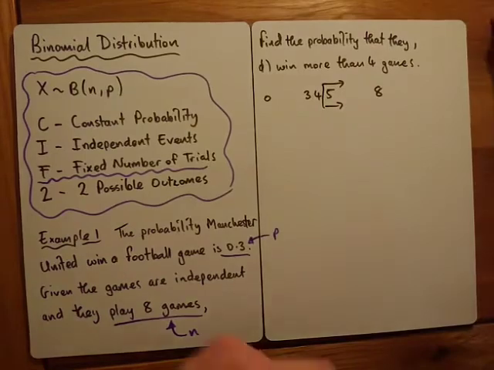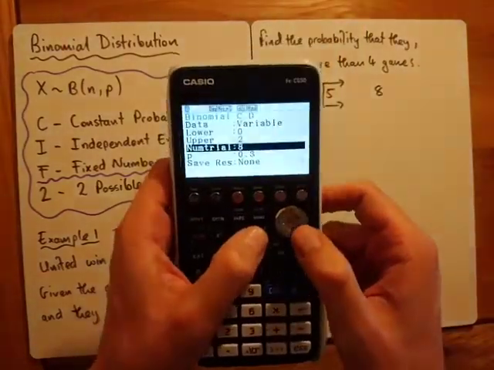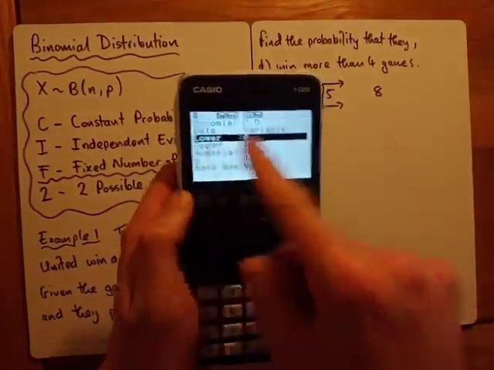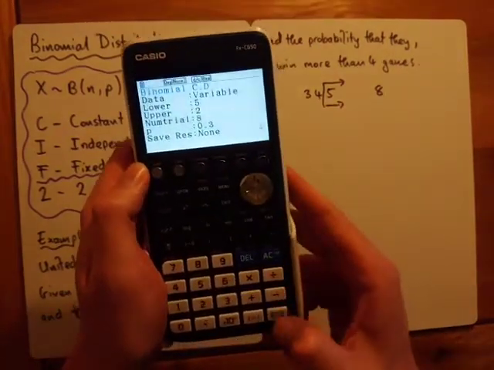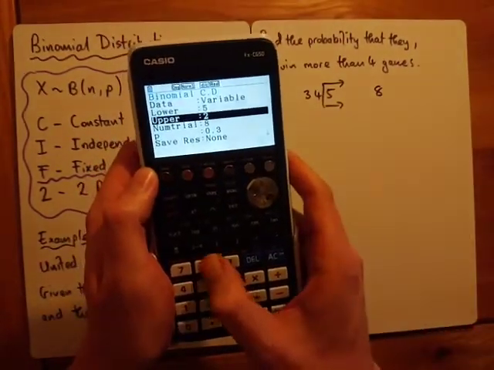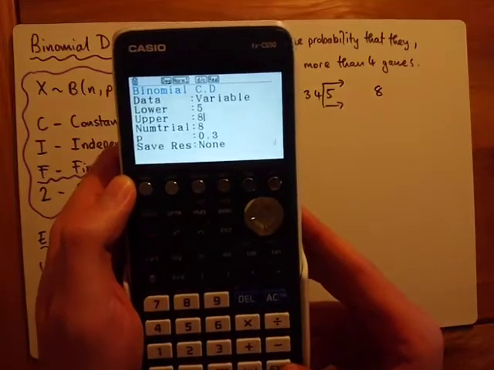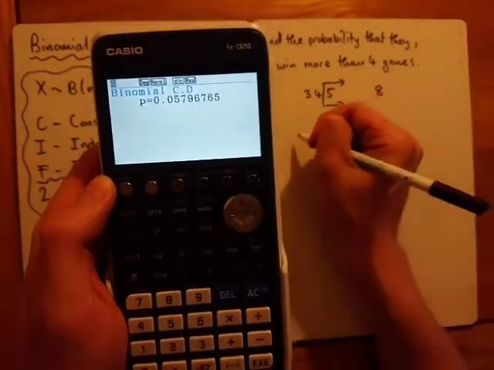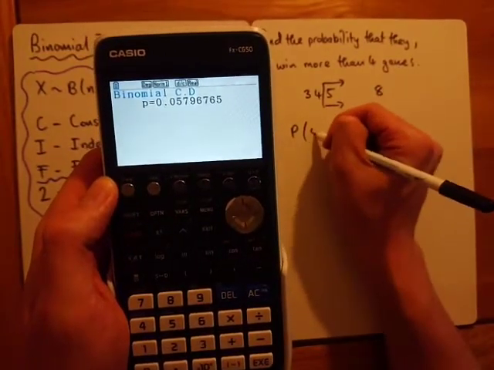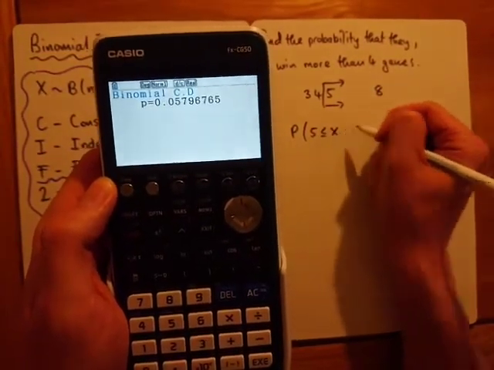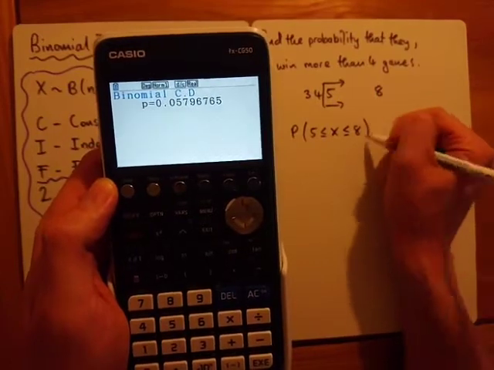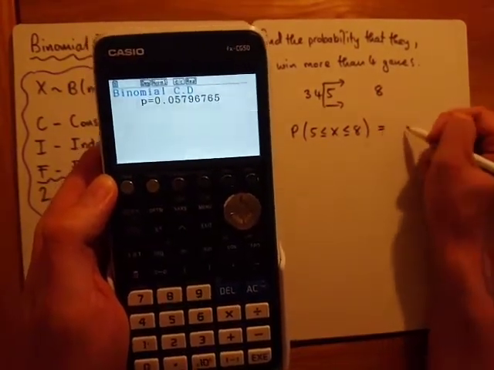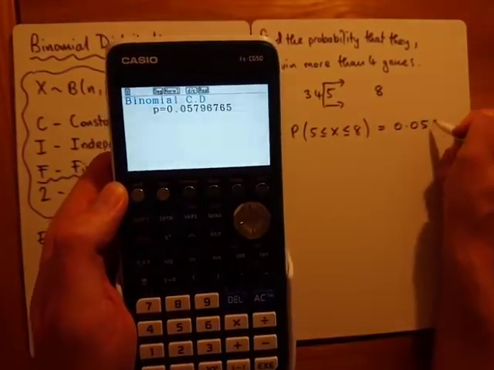Okay, so what our calculator will do for us, we can say that the lower would be 5 and the upper would be 8. And then that spits out the answer. So between 5 and 8, get 0.0579.